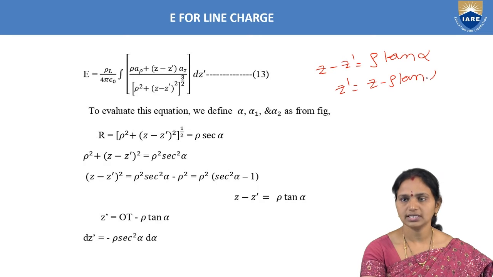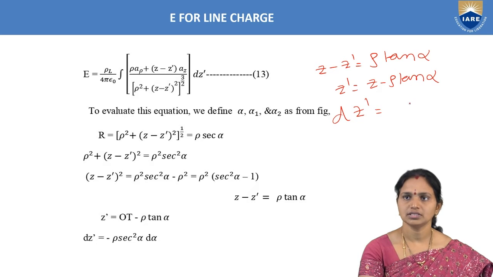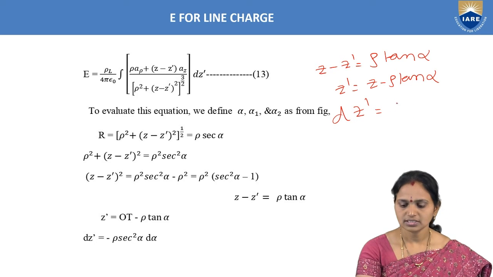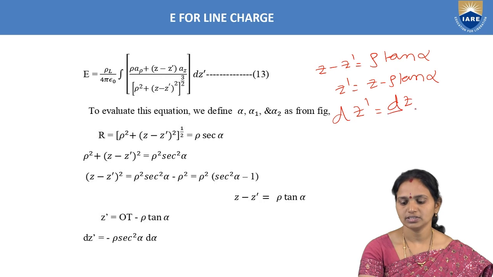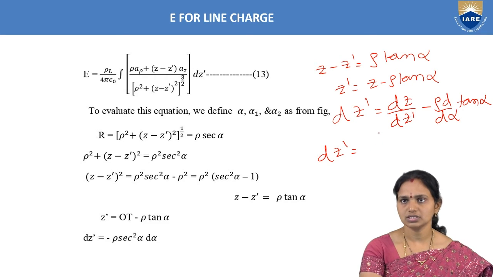As we need the dz dash value, I am trying to differentiate. Now dz dash by d alpha is the derivative of z minus rho tan alpha with respect to alpha. Z is a constant distance, so this term gets cancelled.